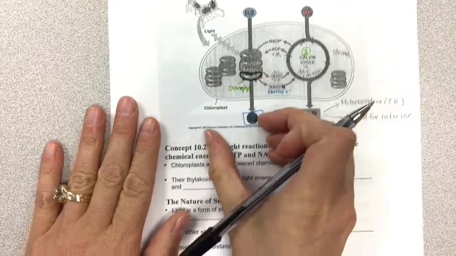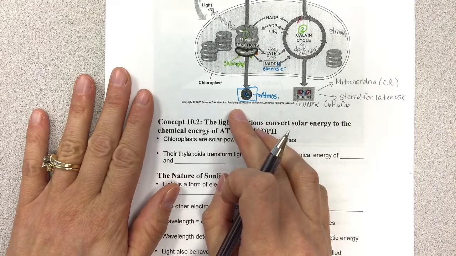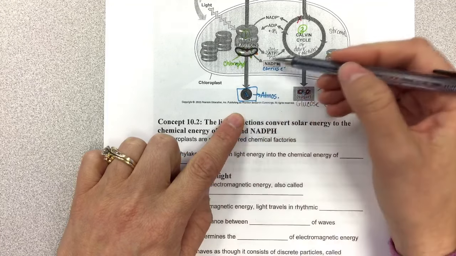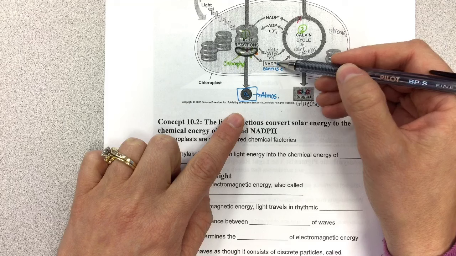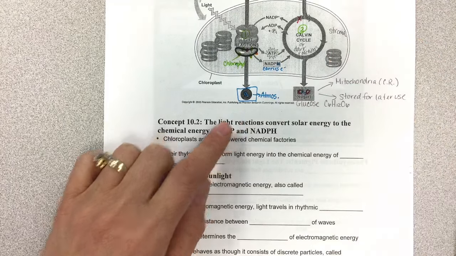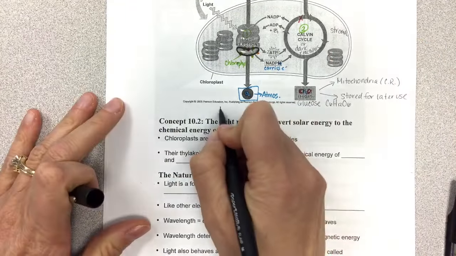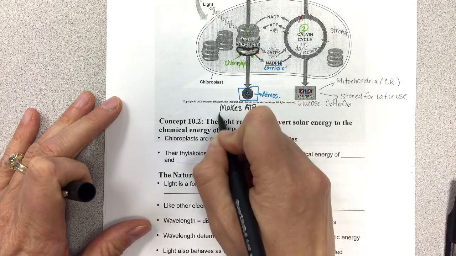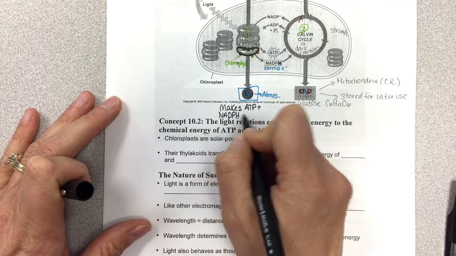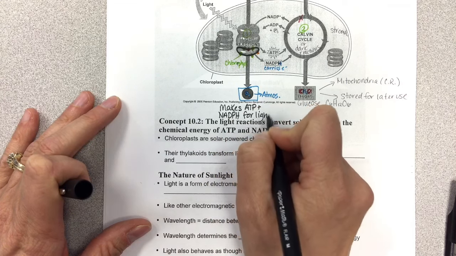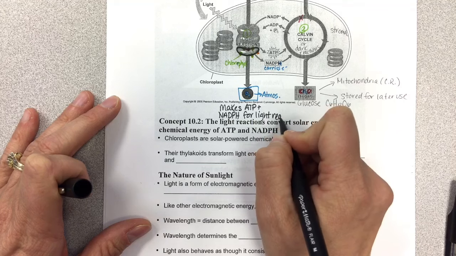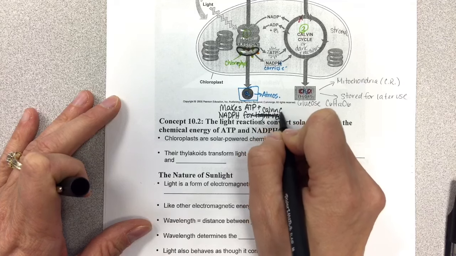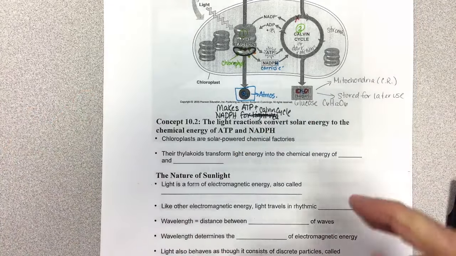So if we wrote the big picture as far as what's the purpose of the light reactions, the purpose of the light reactions is not to really make oxygen. The purpose of the light reactions is to generate ATP and NADPH. So let's put underneath here, makes ATP and NADPH for the Calvin cycle, thinking of the light reactions.